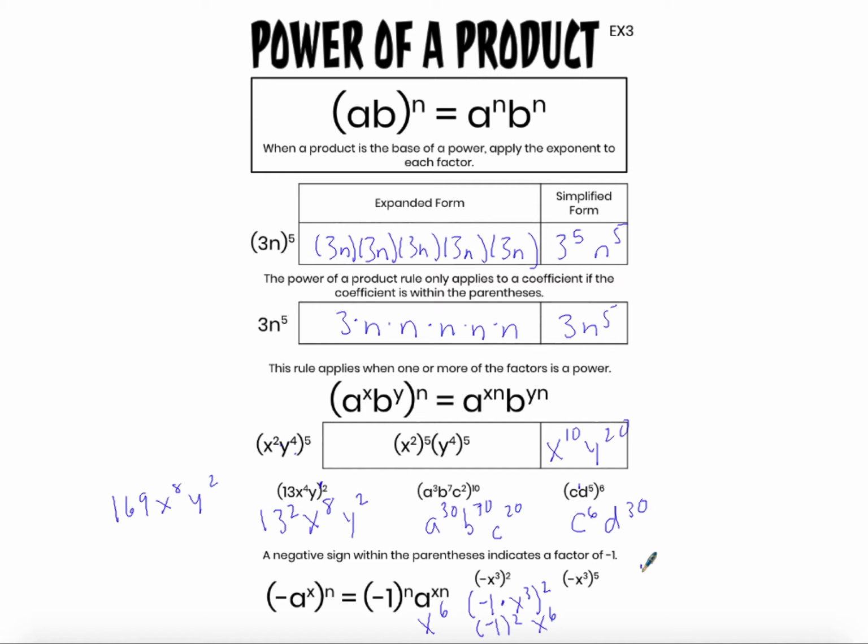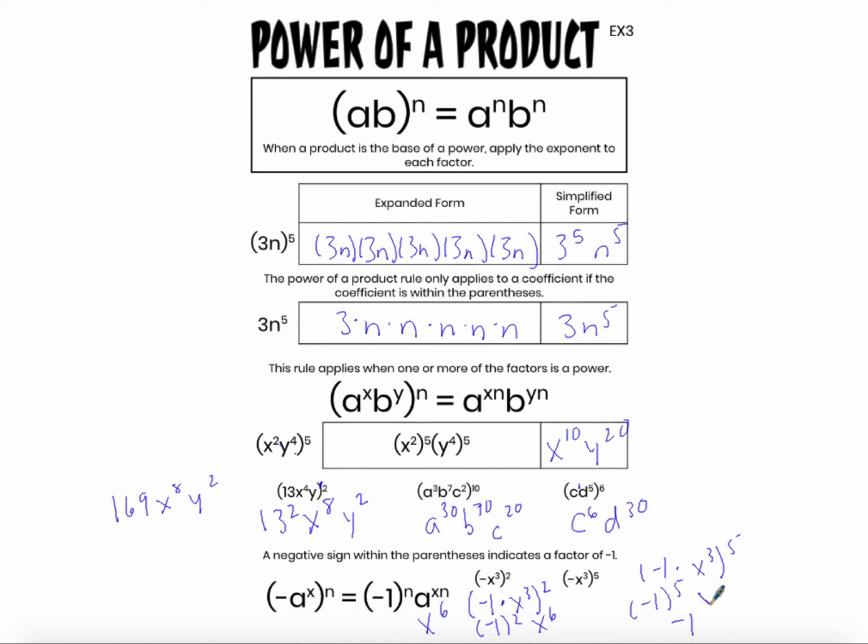In this case, we have -1 times x to the third raised to the fifth power. Now, -1 to the fifth is going to be -1 times -1, +1, times -1, which is -1, times that fourth -1, which is +1, and then when we multiply -1 by itself 5 times, we end up with -1.